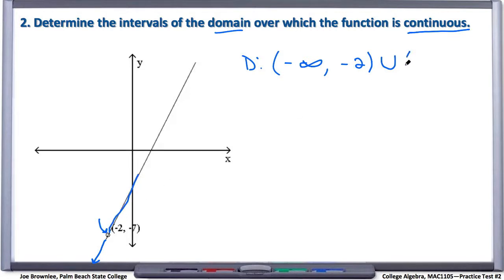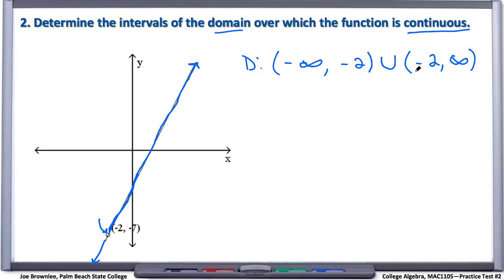So we pick back up again at -2, and from there we continue out to positive infinity, which is all the way off the graph. It never stops. This line is continuous at infinity. So from -2 all the way out to positive infinity. And so there's the interval of the domain over which this particular function is continuous.